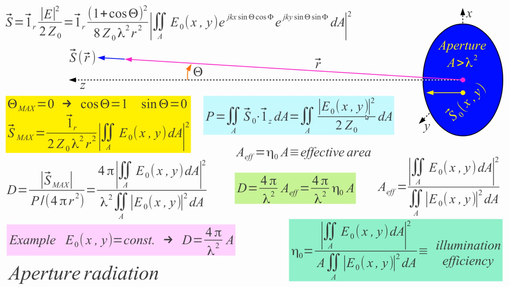Again, the Poynting vector, we integrate on the surface, and this is usually a very simple integral to do. So our directivity, if I calculate it from these two formulas, pi over 4 pi squared, this is the average power density. If I calculate these things here, I get this simple formula for the directivity of an aperture.